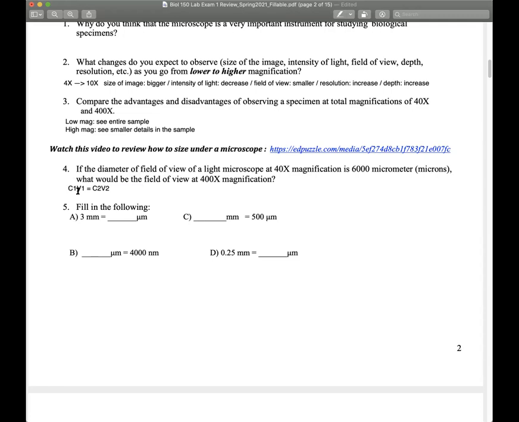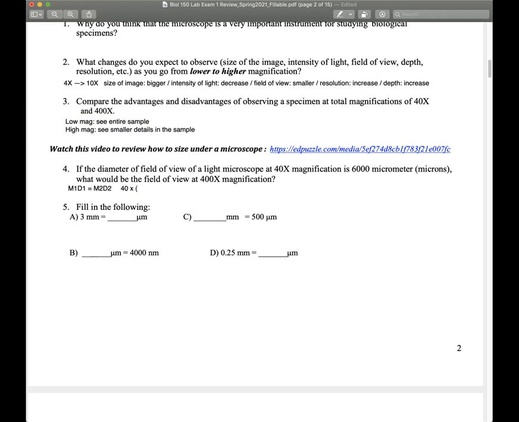So what would be our C1 V1? Oops, sorry, I'm using the wrong values. M1 D1 equals M2 D2. M refers to magnification, right? So how are we going to set up this equation? 40 times 6,000. So 40x times our diameter at 40x, which is 6,000 microns.